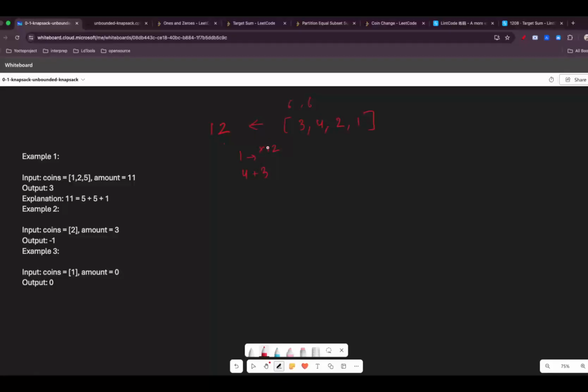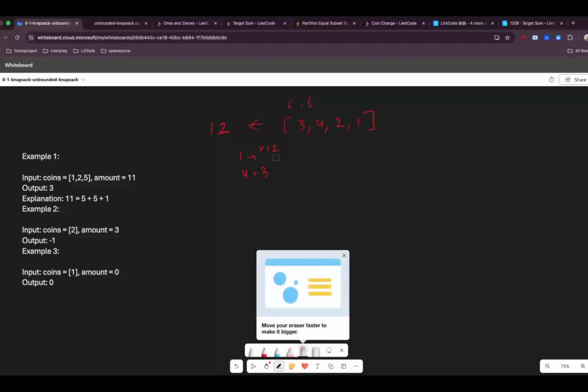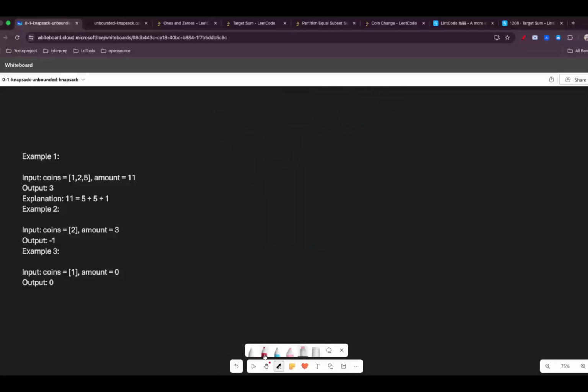Ma'am, are we looking for more coins or maximum value? Maximum value, and that value should be 11, but with the minimum number of coins. At the starting it confused me also. The number of coins should be minimum, and the value should be less than or equal to the amount.